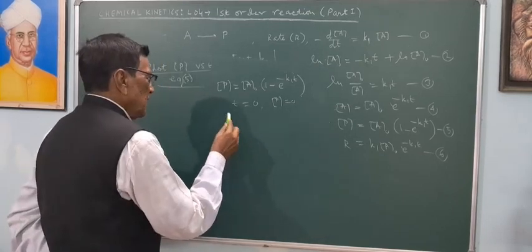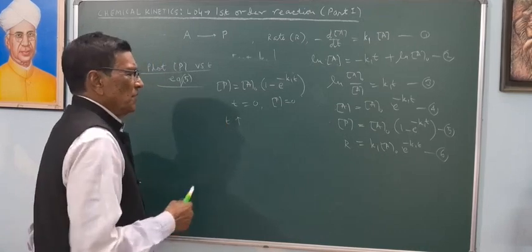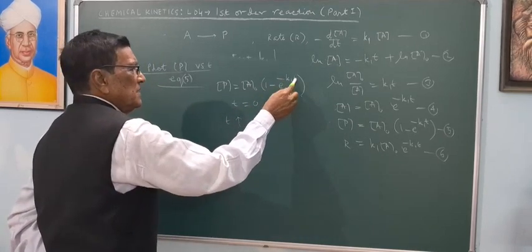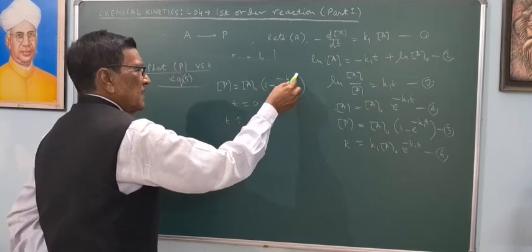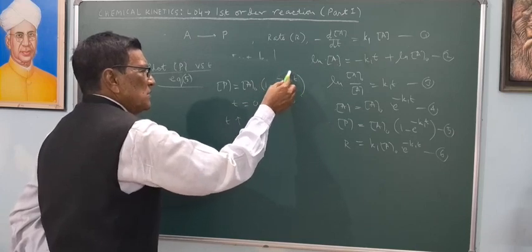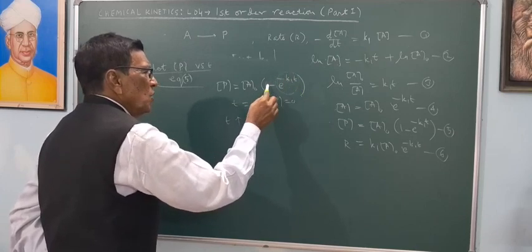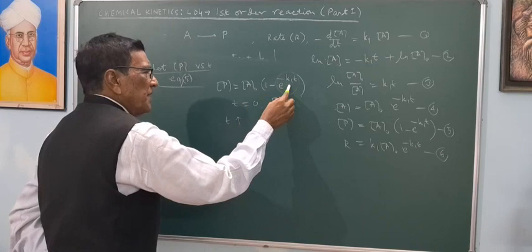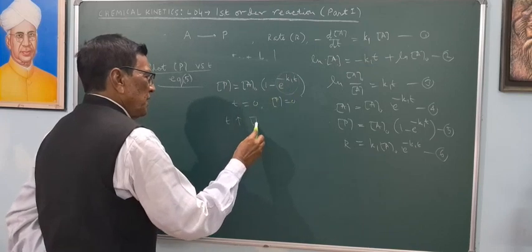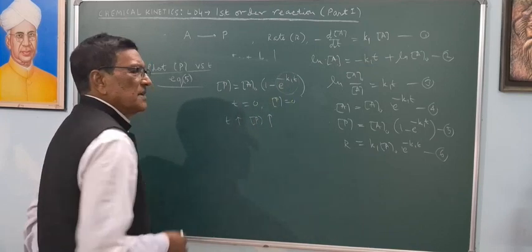When T is increasing, this exponential term is decreasing, so 1 minus this value is increasing, and the concentration of P is increasing.